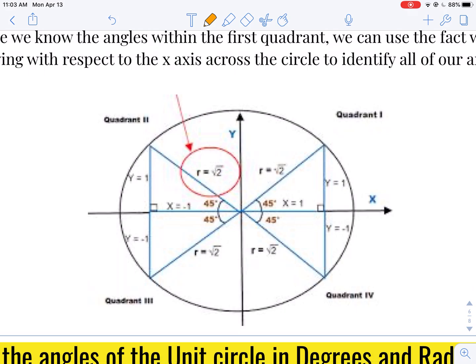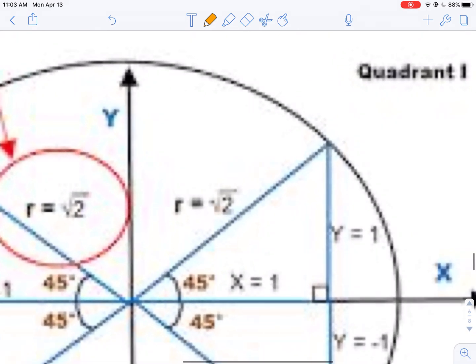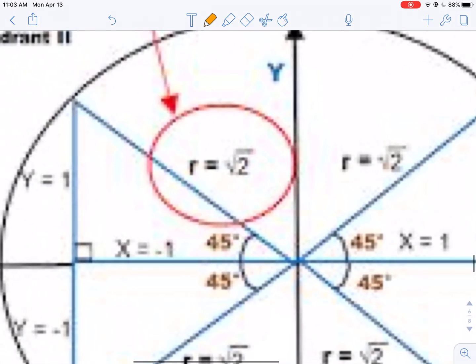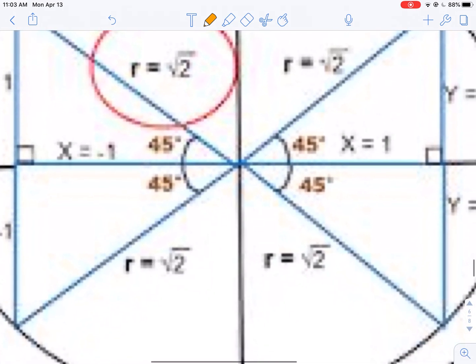If I have a radius of root 2, so this isn't a unit circle, I could still have a 45-degree angle. It's just going to be a matter of how long my x or y's are. So you'll see in quadrant 1, I've got a positive x, positive y, root 2, negative x, positive y, root 2. All of these still have those values of 1. My sign changes. All of them still have 45-degree angles.